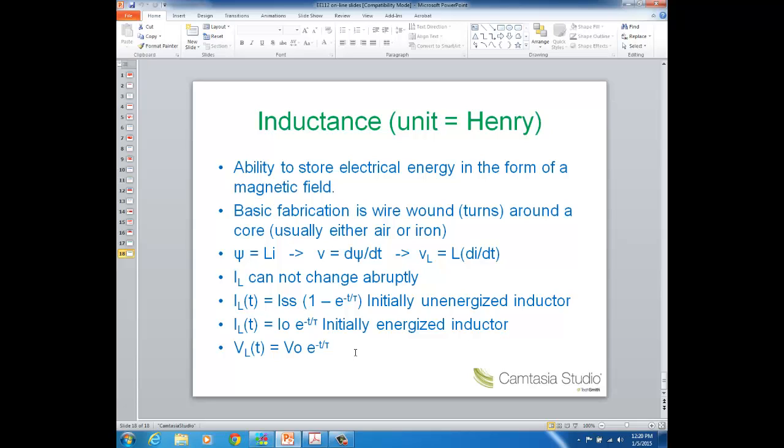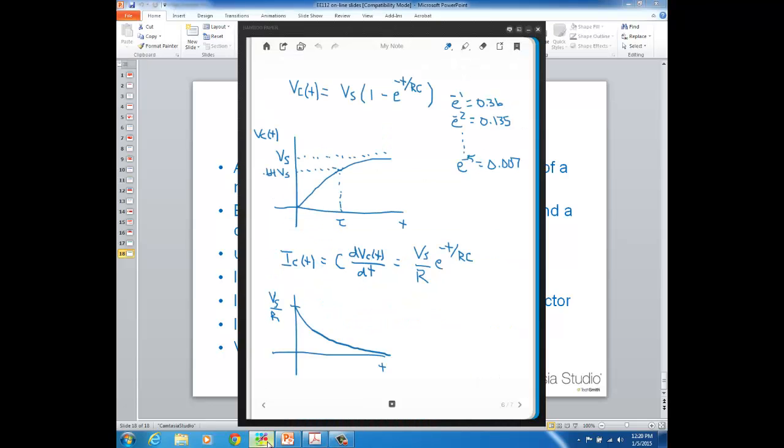So the purpose of this lecture was just to go over some of the basics of these storage elements. Again, I would imagine most of the things we talked about here were covered in your physics class. Actually, one added important item here is that the time constant for an inductor is different than the capacitor case.